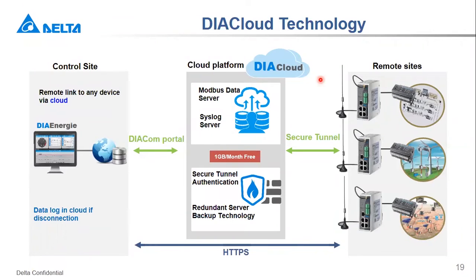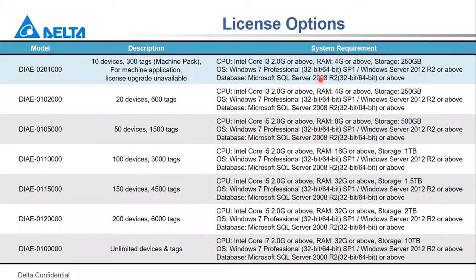losing. So next one, this is some information for the license. For all this kind of system, we only have one license charge, one time only, and we separate by device tag, like 20 devices, 50 devices, or 100 devices.